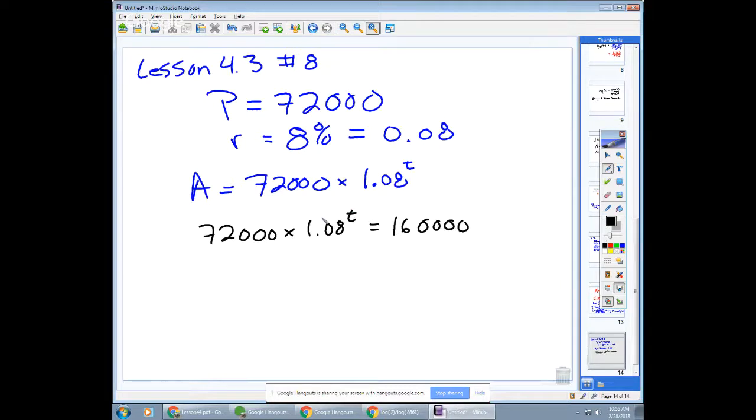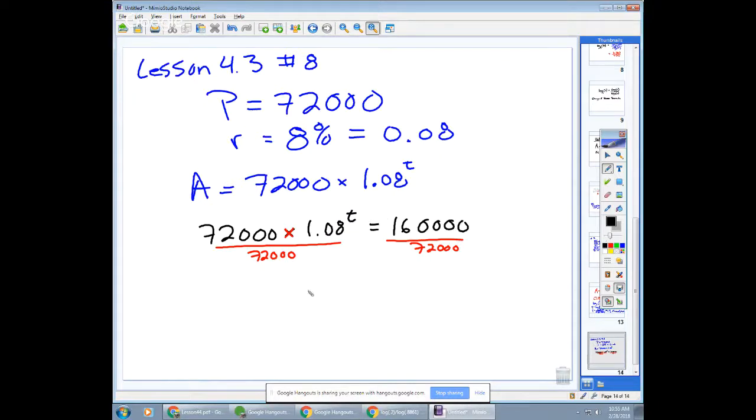For t. And it looks like you had started writing that down and then erased it. Yeah, so then to solve this, and I've got to be quick here because we have another class coming in, I'd divide by the 72,000 to break the multiplication. I hadn't added, I just had 0.08. Oh, it's got to be 1.08, because we always have to change that to the growth multiplier, which is add the growth rate to 1.